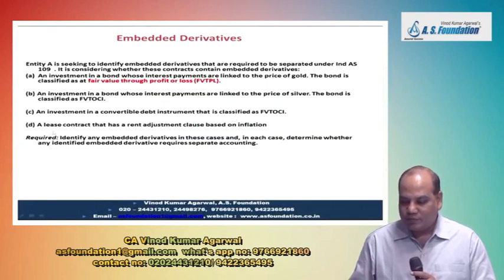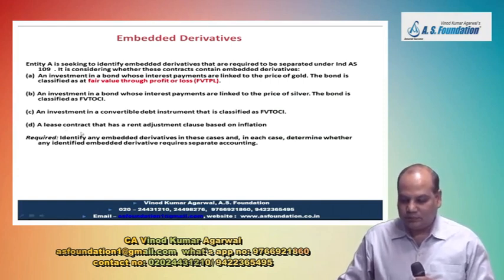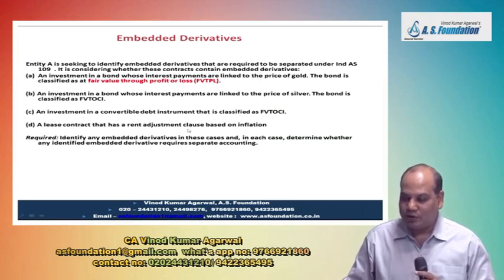Okay, one more. D, a lease contract that has a rent adjustment clause based on inflation. So this time it is a lease contract, a non-financial asset, that has a rent adjustment clause based on inflation.